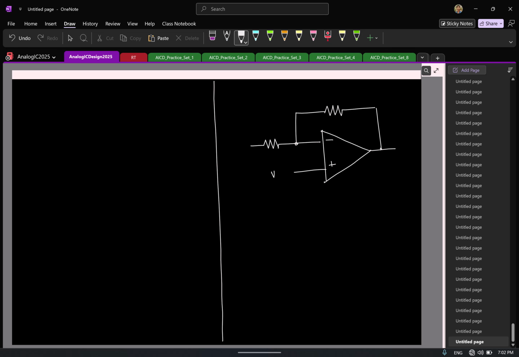Here let us say I connect this to VCM. Here also the input is connected to the same common node. This is R1, R2.